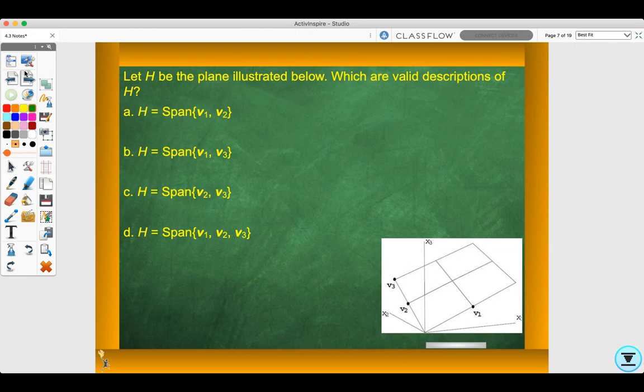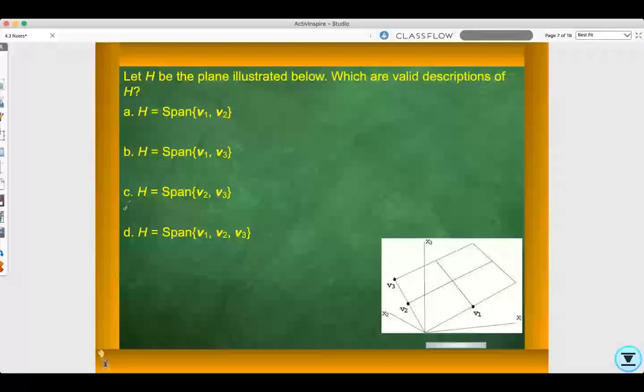Let H be the plane illustrated below. Which are valid descriptions of H? H equals the span of v1, v2. H equals the span of v1, v3. H equals the span of v2, v3. And H equals the span of v1, v2, v3.